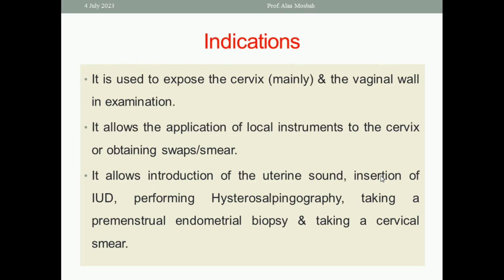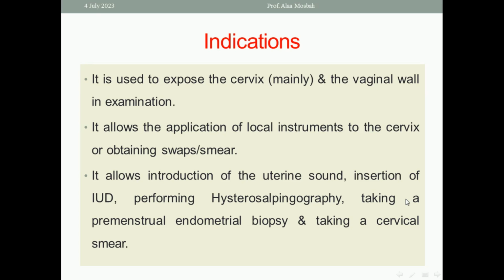Also, it allows the application of local instruments to the cervix, or obtaining swabs for infection, cotton-tipped swab, or cervical smear for screening for cervical carcinoma. So I need to use this self-retaining vaginal speculum to do this procedure.